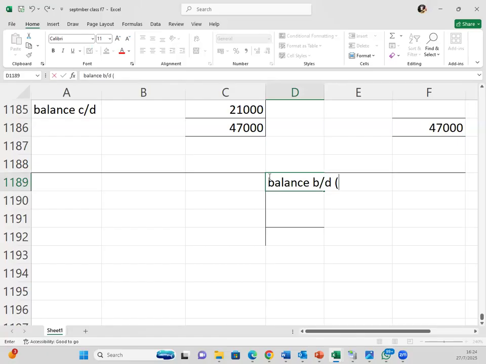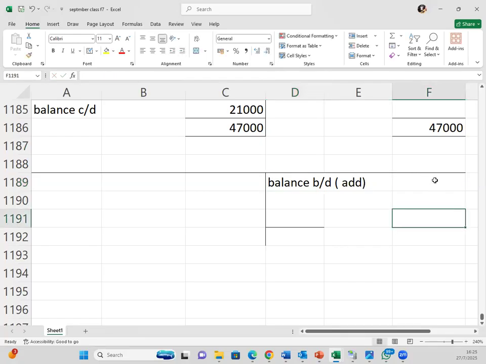For the balance BD for the tax, you add the current and the non-current liability. So there will be tax as current liability and tax as non-current, and you add the two. The non-current liability will be given as deferred tax in most cases.